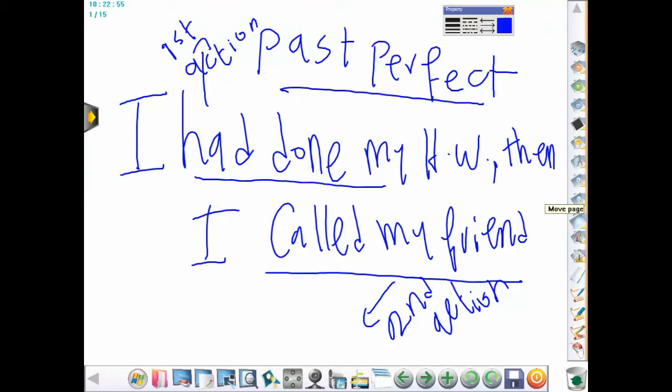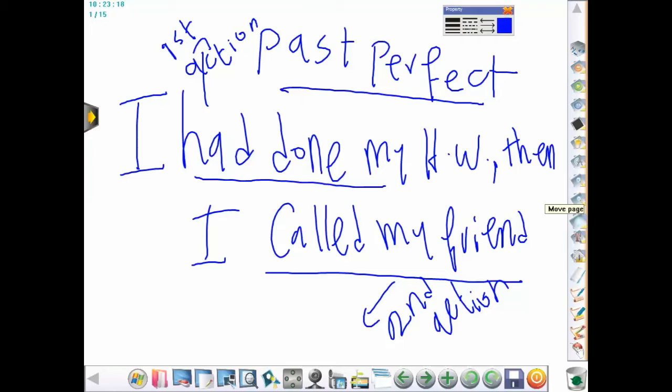So, the first action, it's written here in the past perfect. Had plus past participle. And you know how to get the past participle of the verb, okay? If the verb is regular, I can actually add D, ED, IED. If it's irregular like the verb do, did, done, okay? This is the third column.